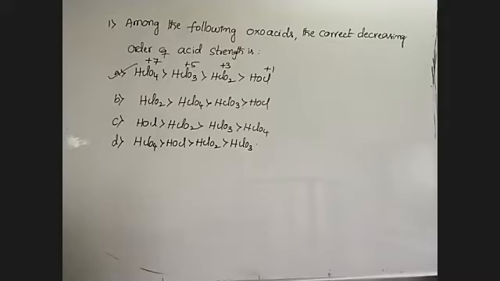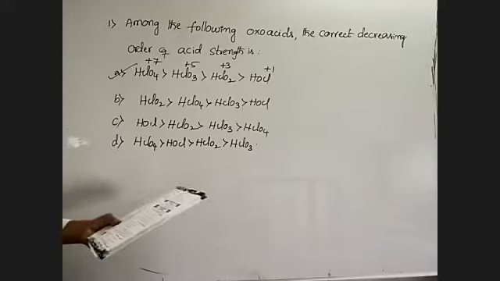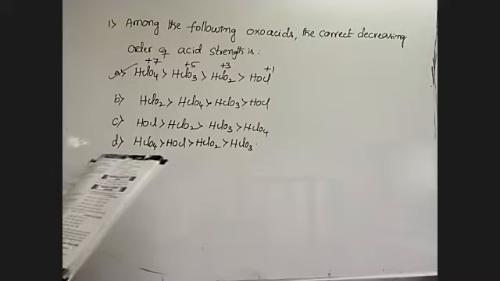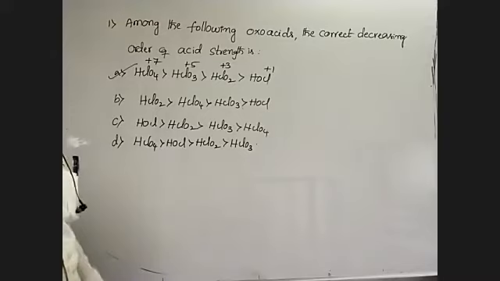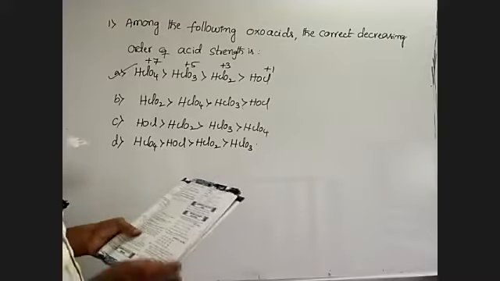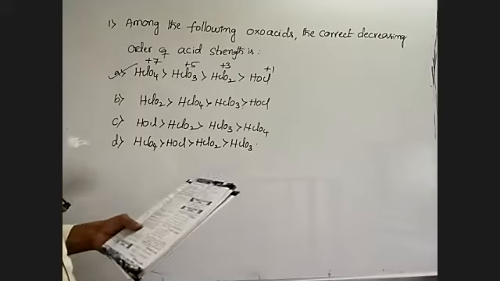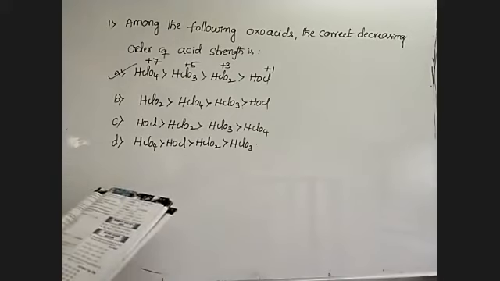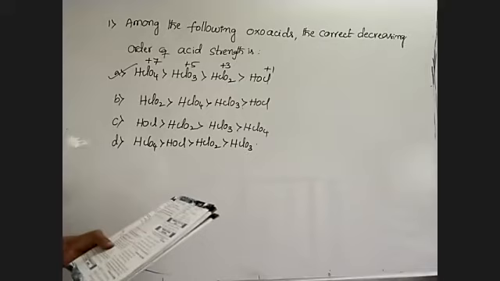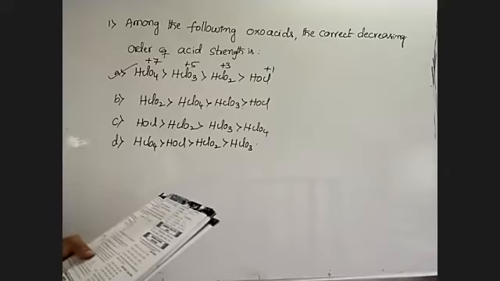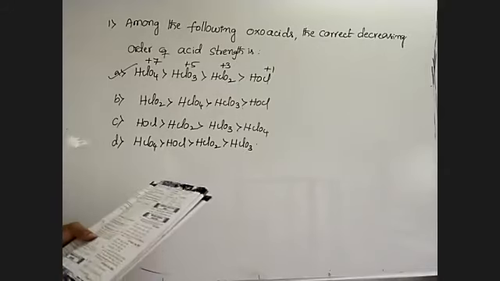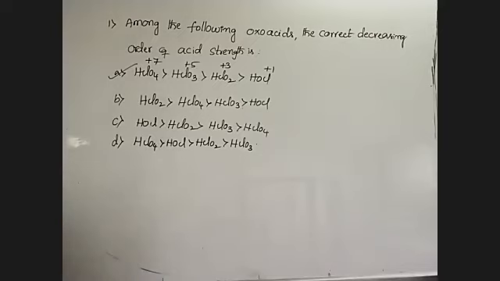Next, the second bit is a direct one, already repeated. Correct order of electron gain enthalpy, already discussed 2 times. So option 2 is the correct option for that question.